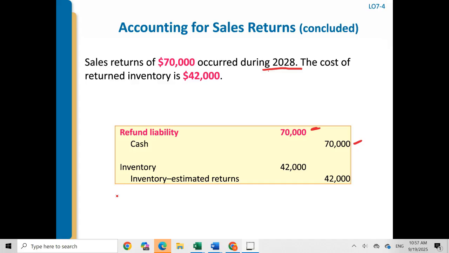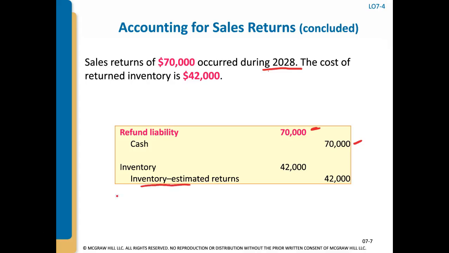And all we're doing here is moving the inventory estimated returns into actual inventory because now we've actually received those returns. So those items are actually in our actual inventory. Think of this as a reclass from this inventory account into this inventory account. We've already accounted for the reduction in cost of goods sold for these returns in the previous year.